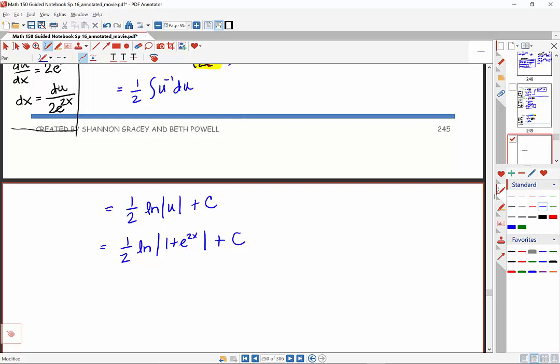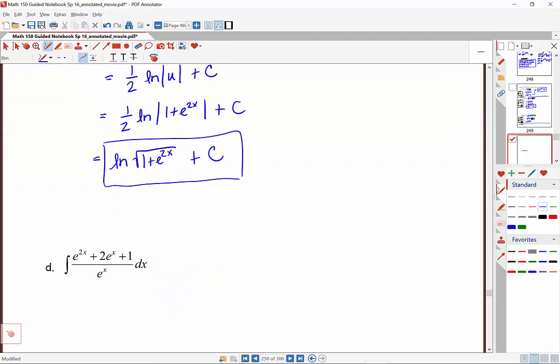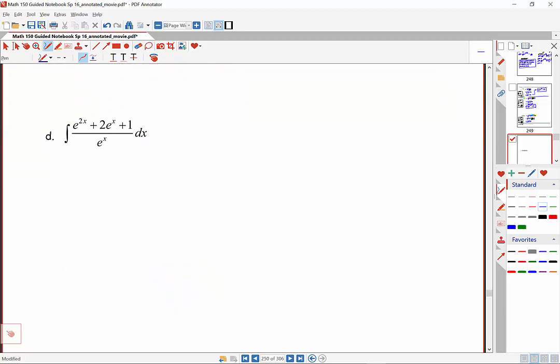So cleaning this up, using the power rule for logs as well, you don't need absolute value bars, and it'll be equivalent to the natural log of the square root of 1 plus e to the 2x plus c. Okay? All right. Okay, our next problem, what do you think we might want to do?